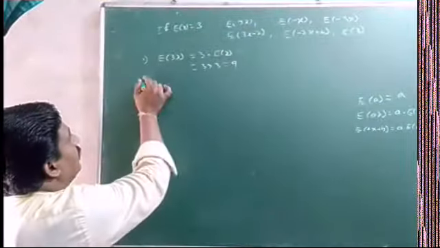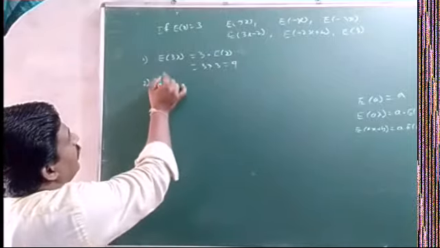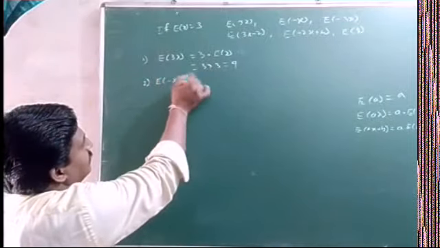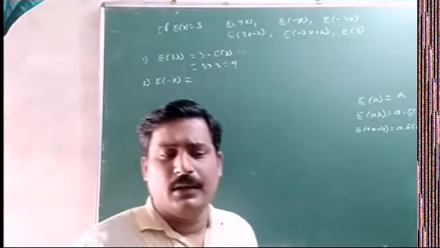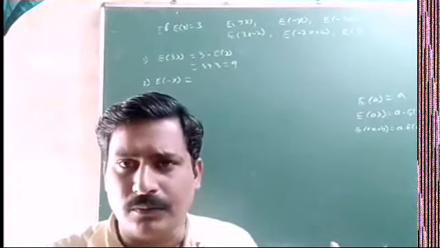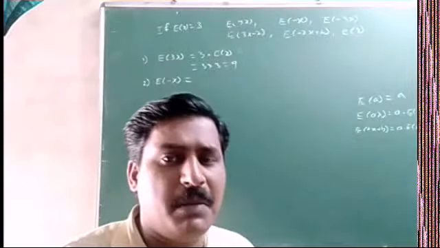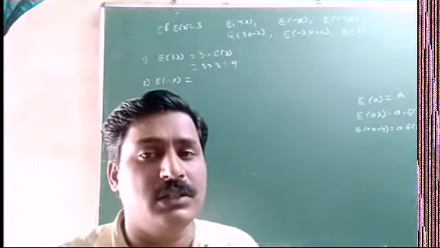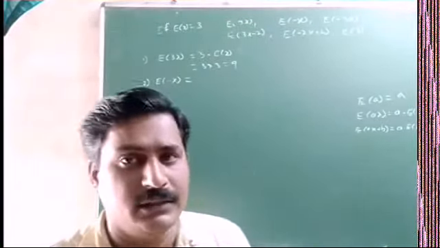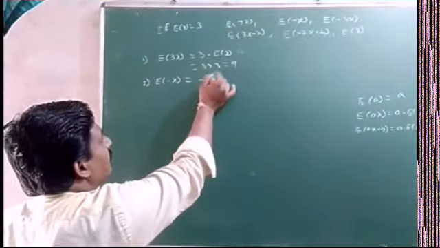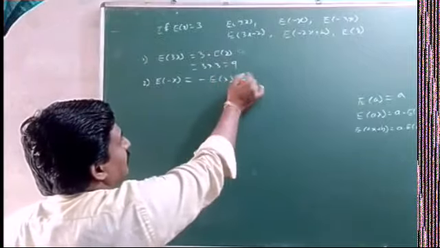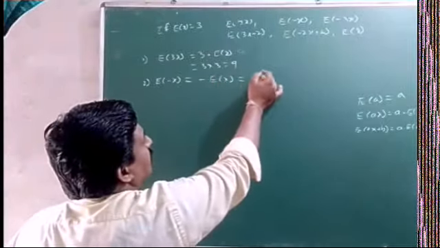So here E of minus x, minus x means we assume that the constant a is minus 1 here. So E of minus x is equal to minus E of x, that is minus 1 into 3, is minus 3.